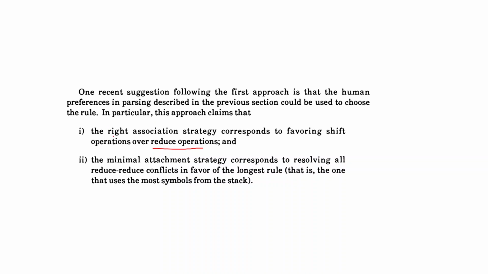Okay, so according to the right association strategy, you will prefer shift operations over reduce operations when you have a shift-reduce conflict. Now, if you are using a minimal attachment strategy and you have a reduce conflict, it favors the longest rule.